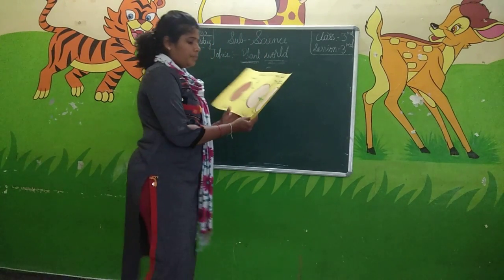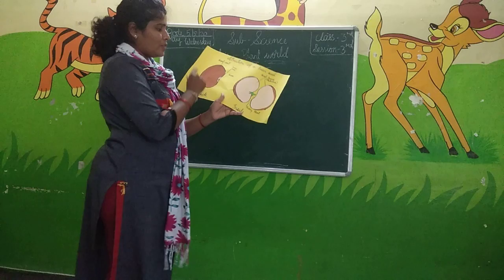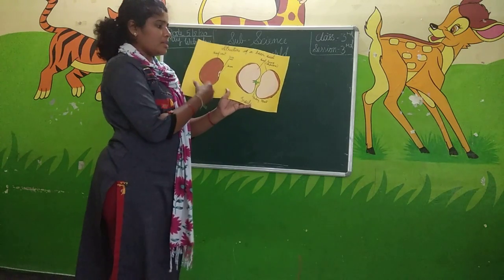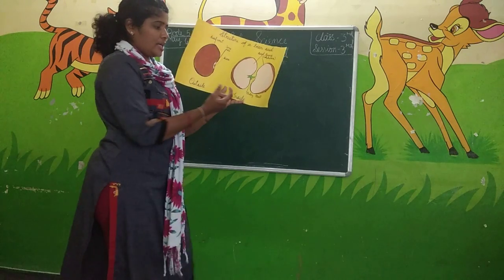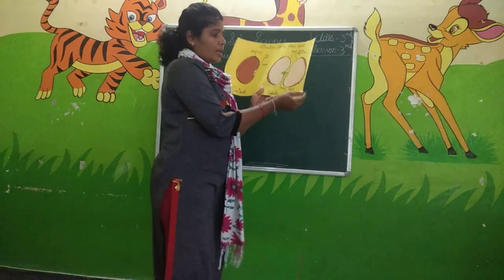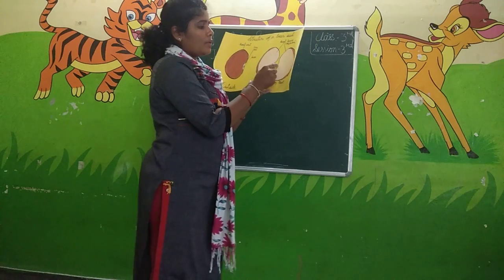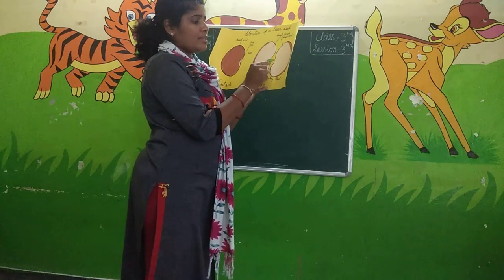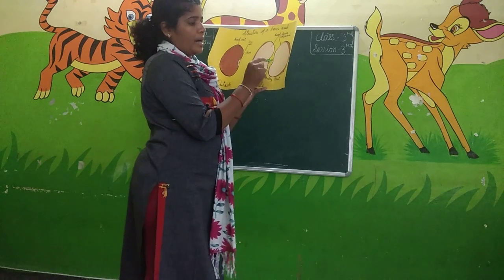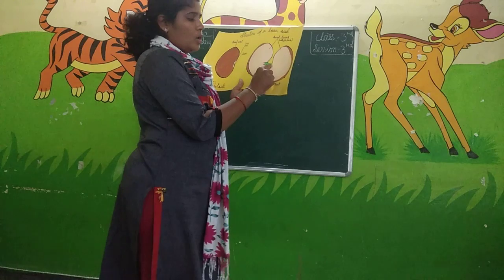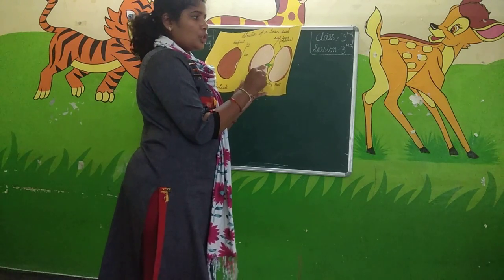See here, this is the inside structure of the seed. When we split the seed, this is the structure inside. Between the cotyledons there is a small plant called the baby plant; this is the baby root and this is the baby shoot.